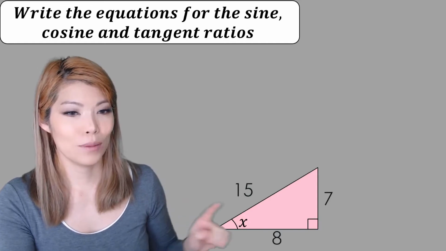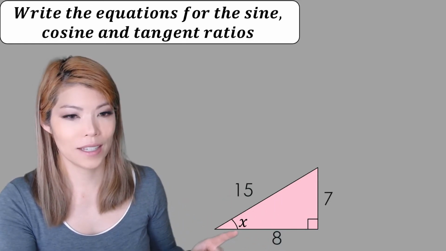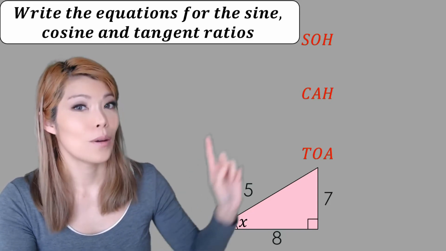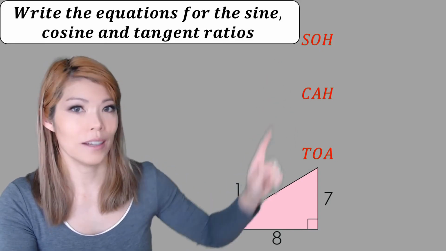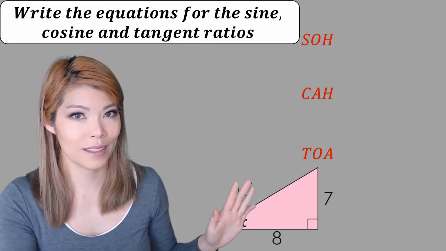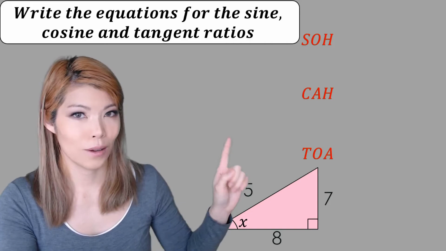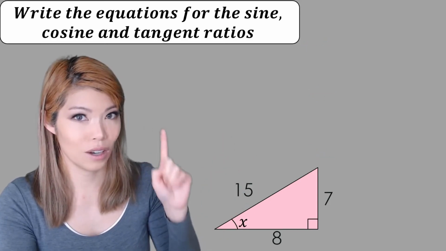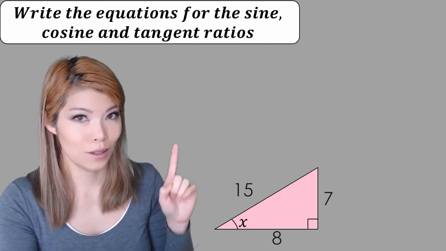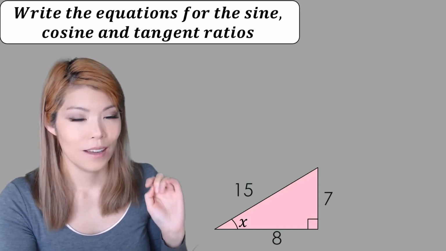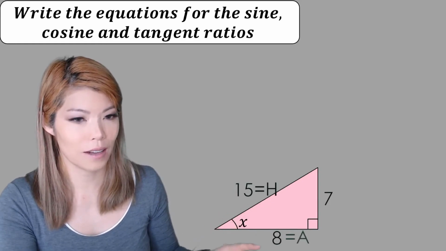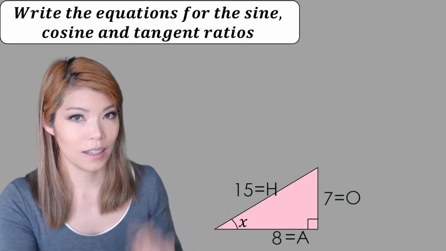Let's do another example, this time different numbers, and instead of theta for the angle, we're going to use x. So remember SOHCAHTOA. Remember it because I'm going to get rid of it in a second and not have it there for you this time. It's gone. It's in your head now. First step, label it. So hypotenuse is over here, next to the angle is here, opposite is over there.